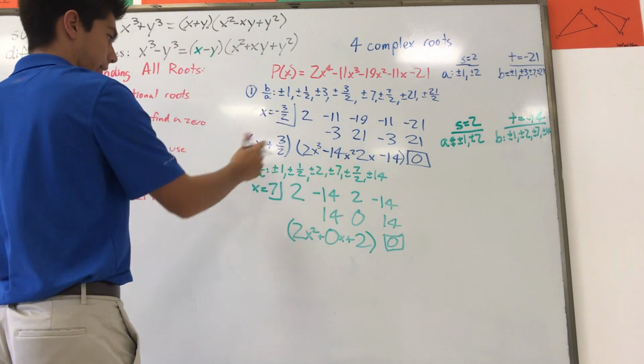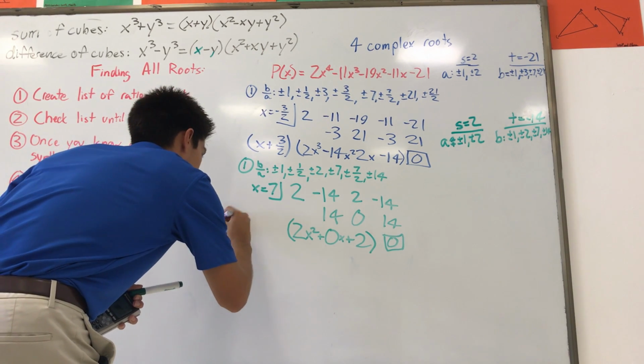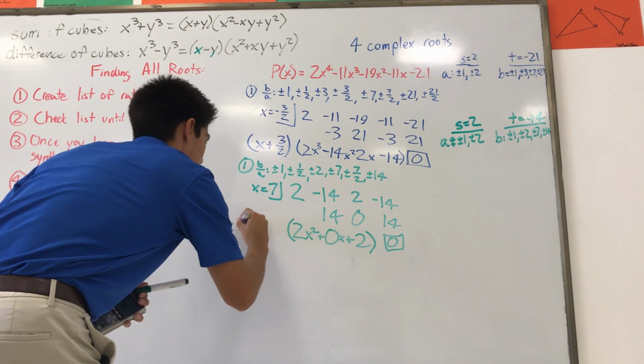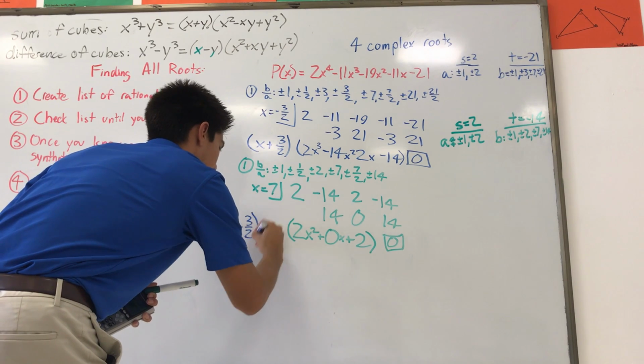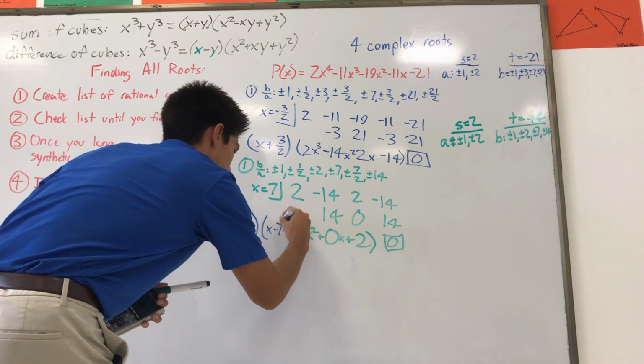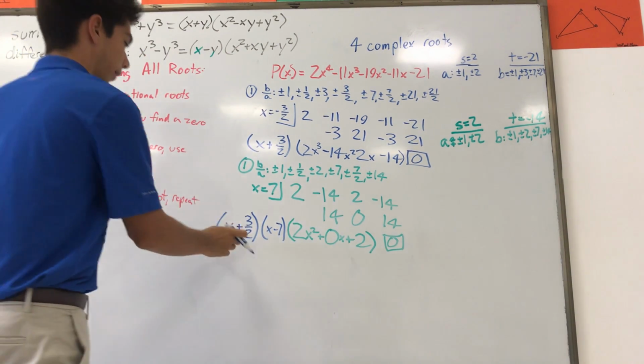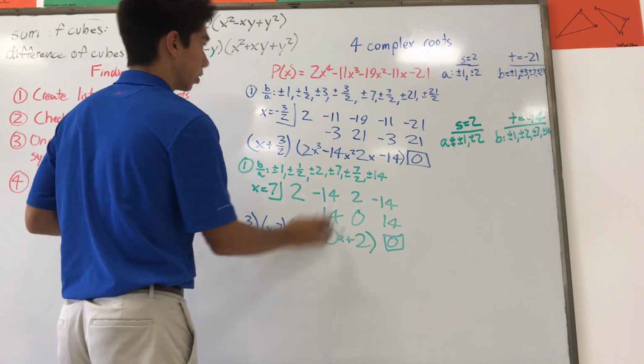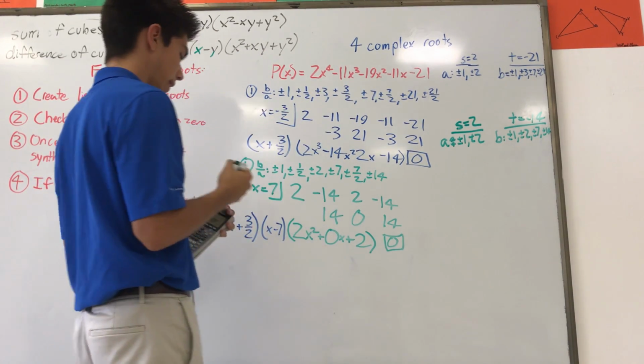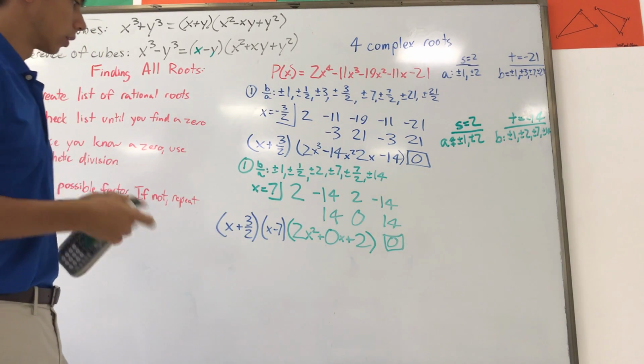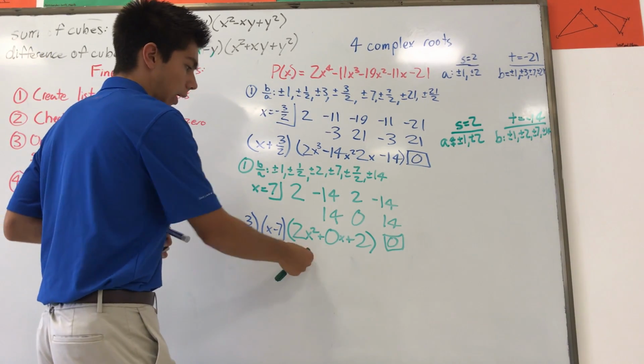And don't forget about all this other stuff. So now we know that x plus 3/2 is a root, and also that x minus 7 is a root, okay? So if you multiply these 3 things together, you would get this original equation right now. So right now we're just breaking it into pieces. So these are already factored. Now I just need to factor this.